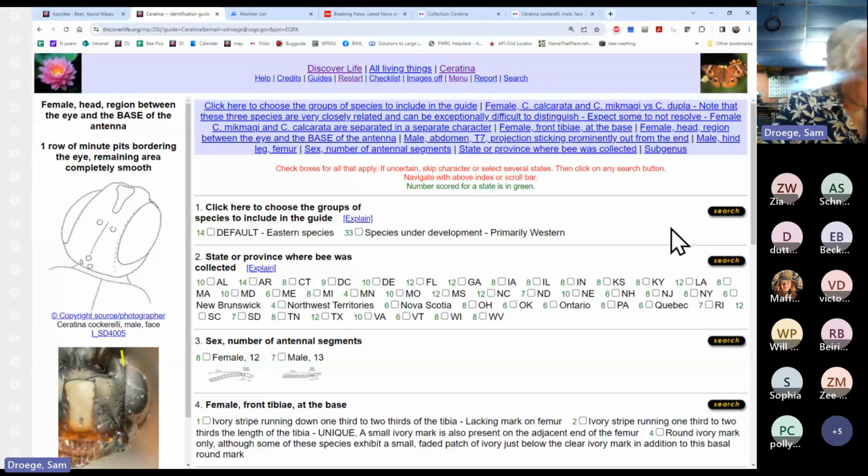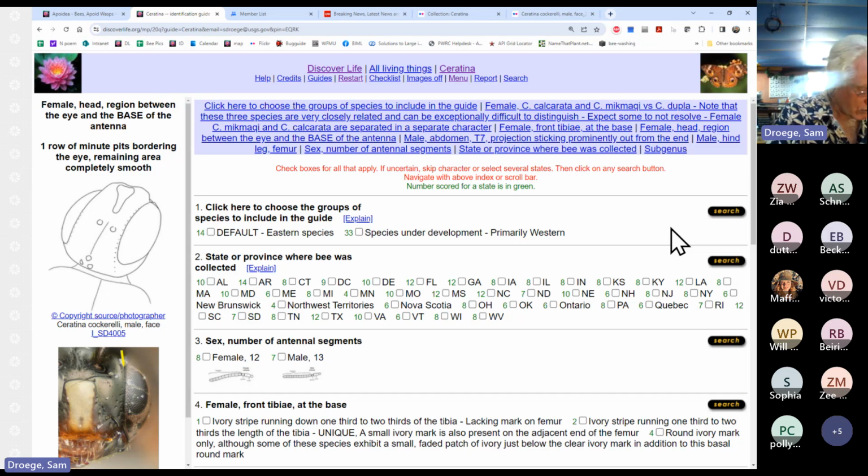So that's murky also, and in some cases it leads to having to set aside specimens as Ceratina species because they fall into what is perceived to be an ambiguous line.